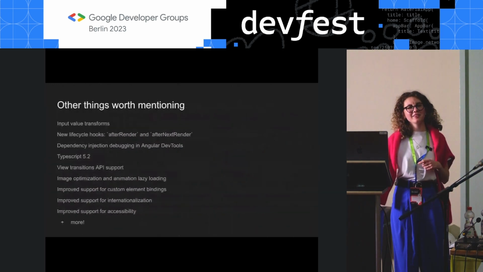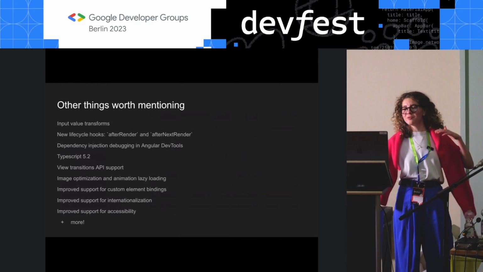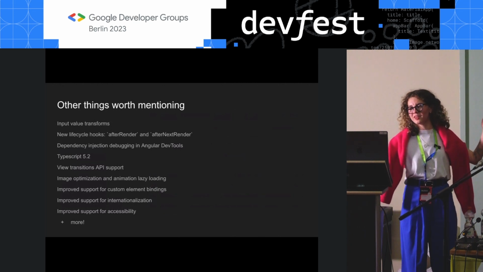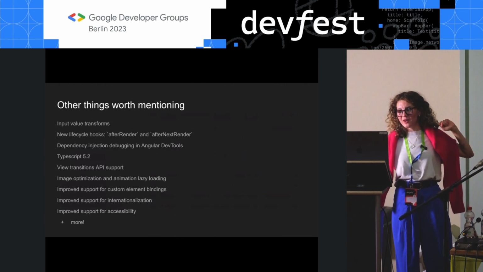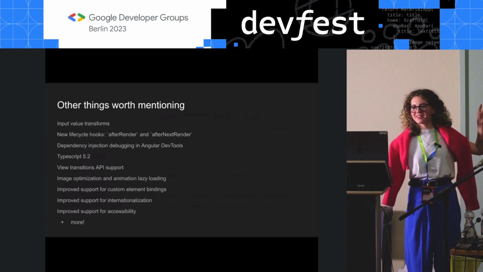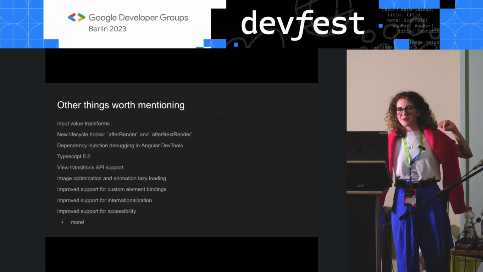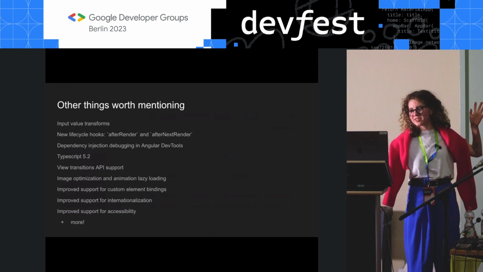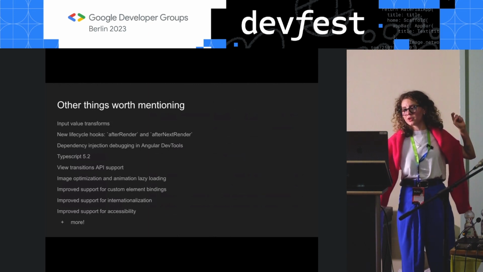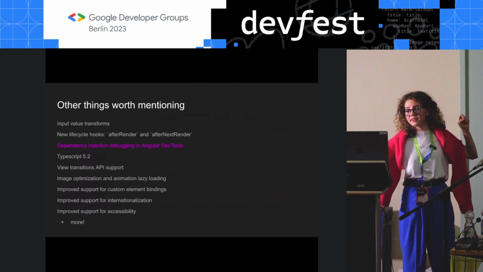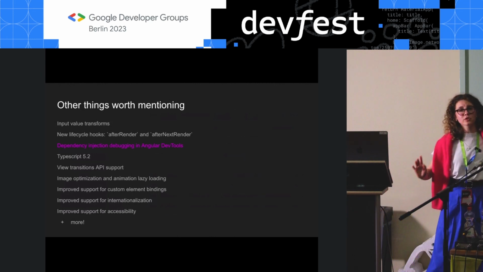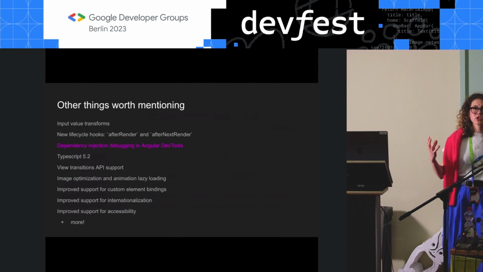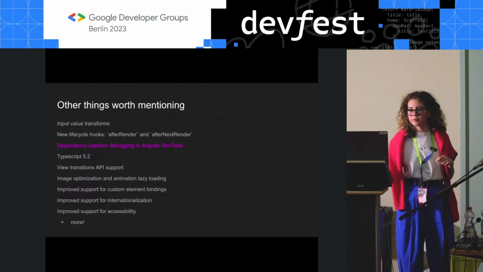Now, this is not quite yet, as there's a full damn list of the new updates. And this is not the full list, actually. So I can't cover this in my presentation, unfortunately, but feel free to check them out yourself. Some things that I do want to highlight, though, is the dependency injection debugging that became easier with the new Angular.dev tools, because now the tree of injections is visualized and it's easier to debug and to see what's going on in your app.